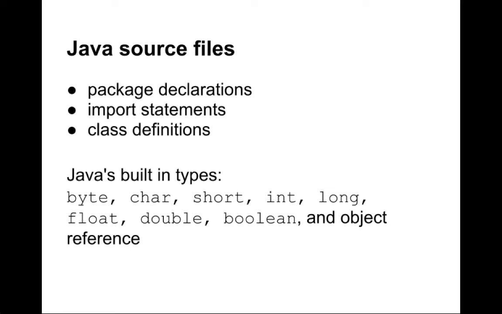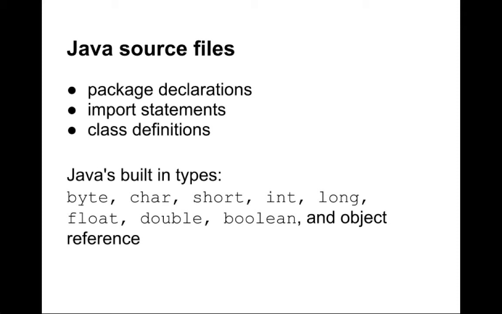So not the 8-bit ASCII characters that we use in C++, but they are 16-bit characters. And these, again, are used for the printable characters. There's a class called string that is a collection of these 16-bit characters that we'll use quite a bit.